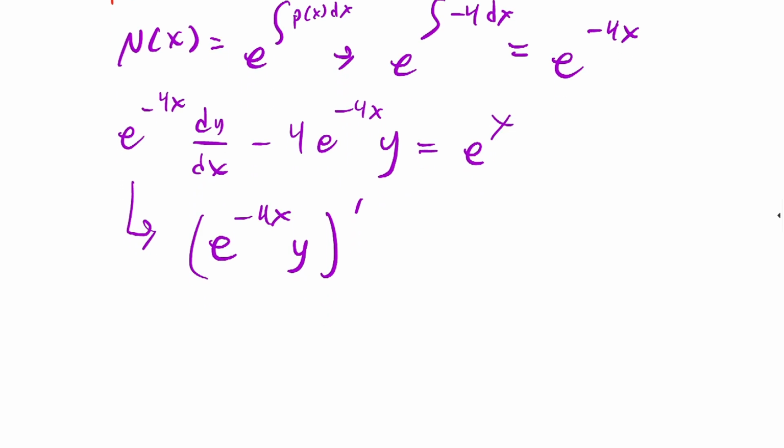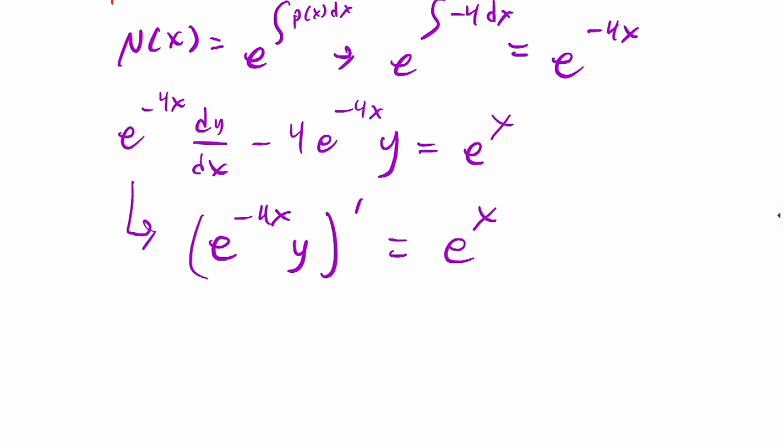Because look, if we took the derivative, we get e to the negative 4x times y prime minus 4e to the negative 4x y. So we can rewrite this left-hand side as just the product rule there. And we're going to keep the right-hand side the same.